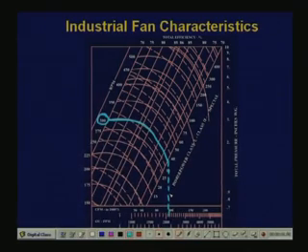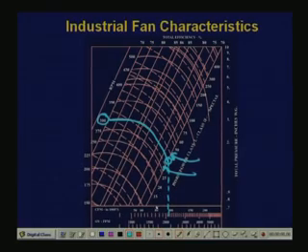Now, you see what is the power requirement here. Look at these curves: this is the constant 30 curve, this is the constant 40 curve, 40 horsepower. So, where are we? We are at 35. Now, what happens when you are at 80% flow?